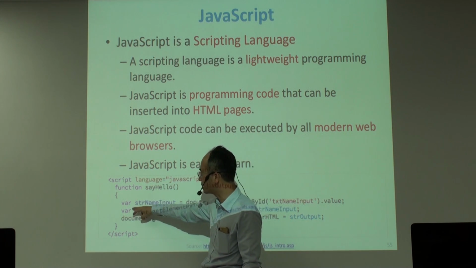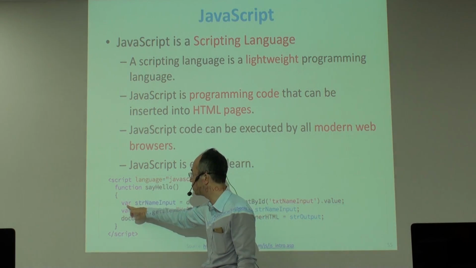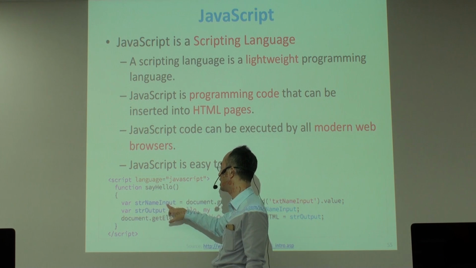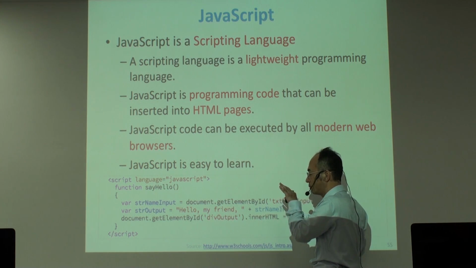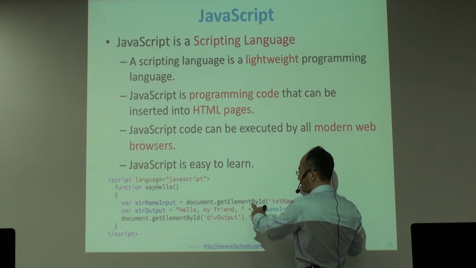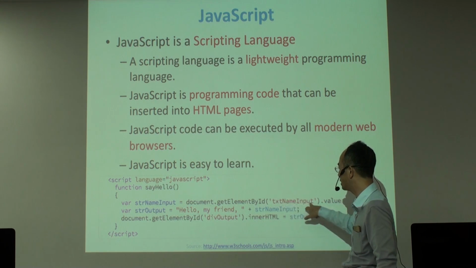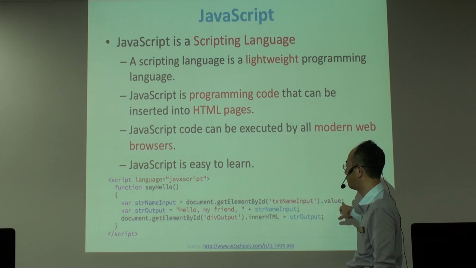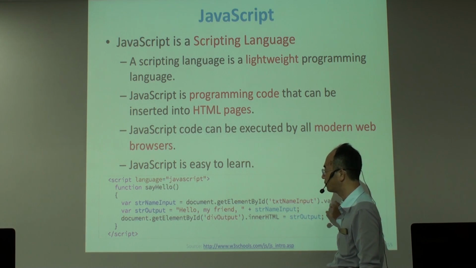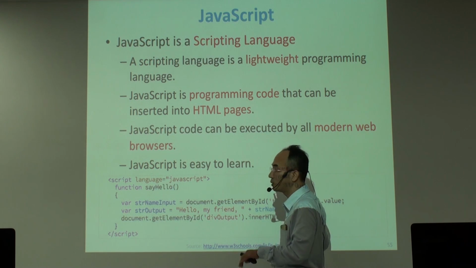For example, here is a variable. Declare your variable var string name input equals document.getElementById. This is the ID, for example txt name input, and you get the value. For example, I input my name.